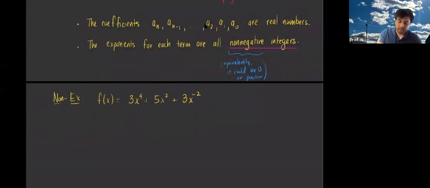You see that? Why is that? It's because of the negative 2. This is a negative integer as an exponent.